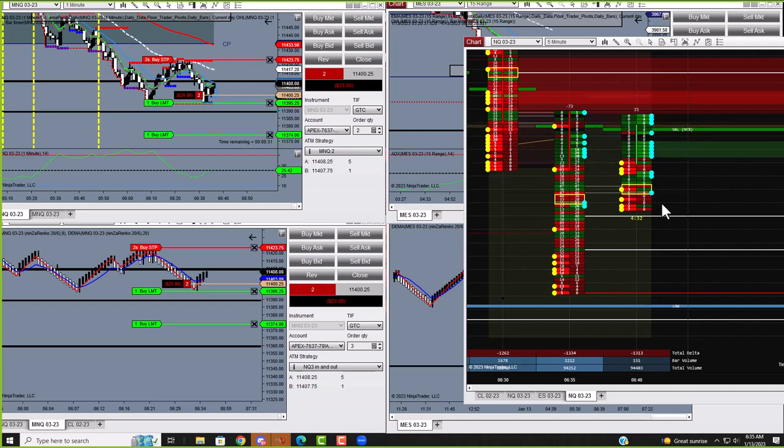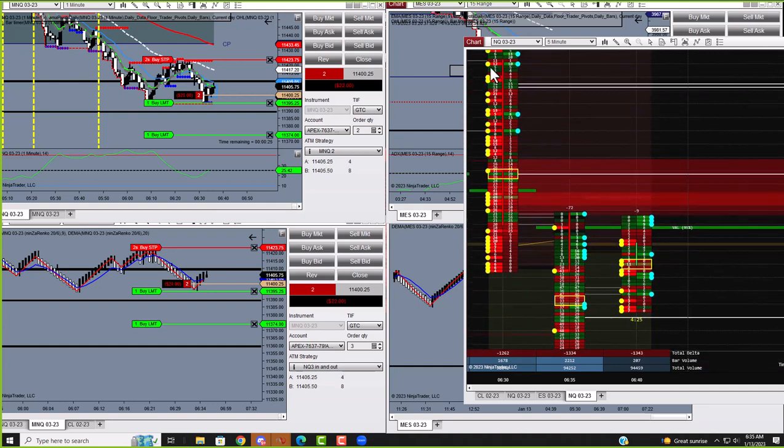We got to stay below these stacked sellers right here in this bar, guys. You see this? We get above these double yellow lines at 18, I'll probably cut this off. Just FYI.